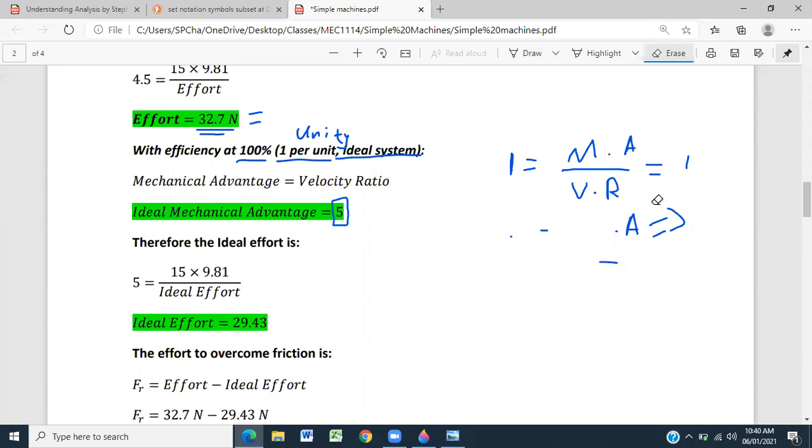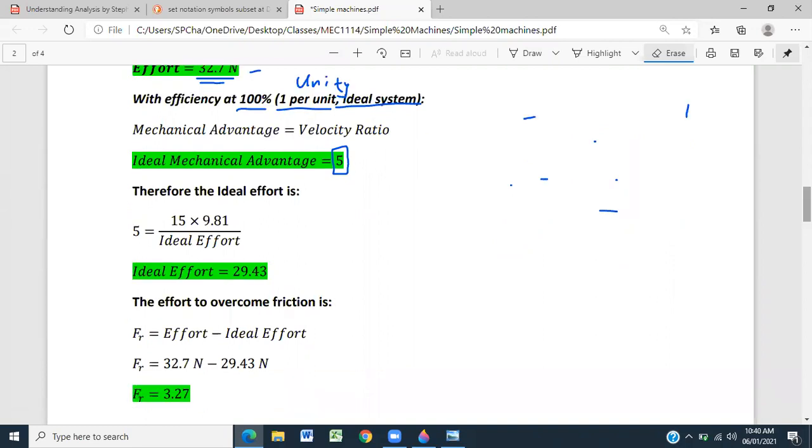Now, using the ideal mechanical advantage as 5, we can find the ideal effort. Mechanical advantage is equal to the load, your 15 kilogram load times the 9.81 gravitational constant, divided by the ideal effort, which is your unknown, what you want to find.